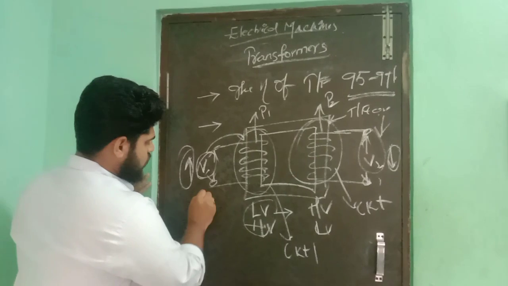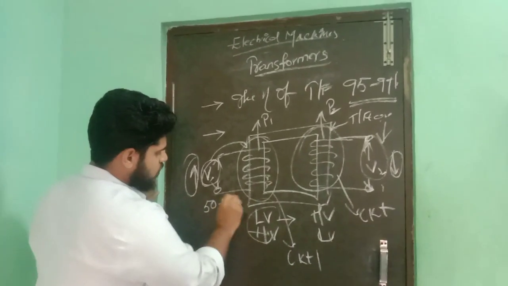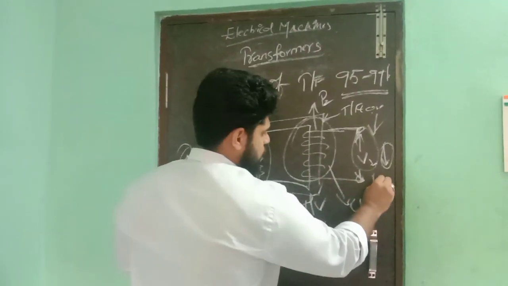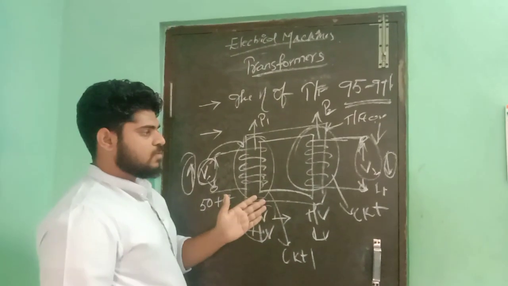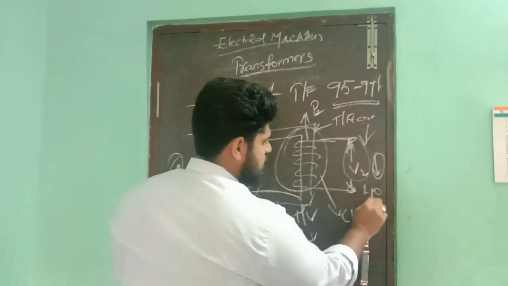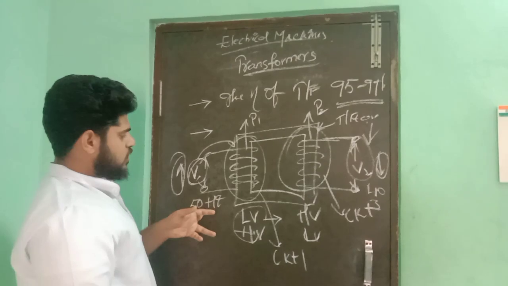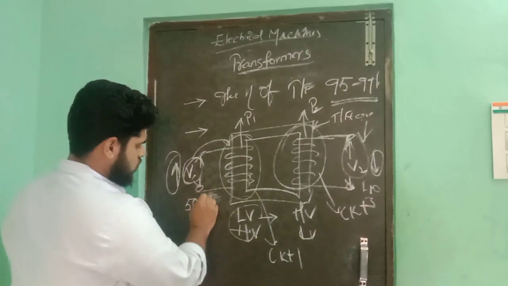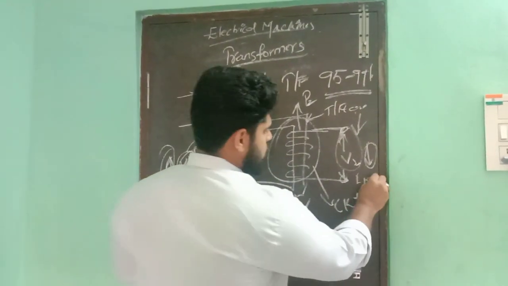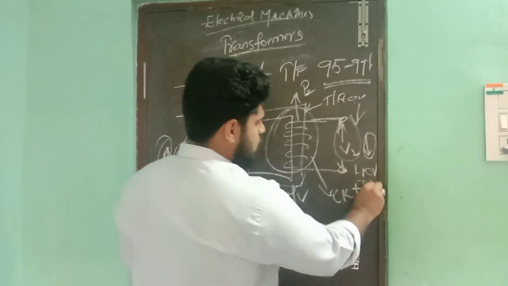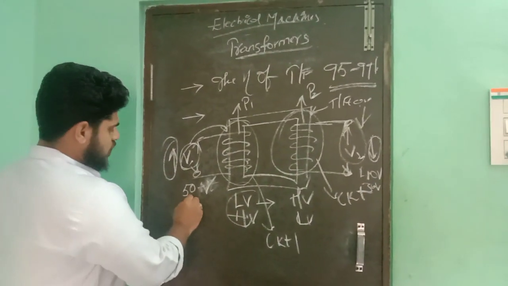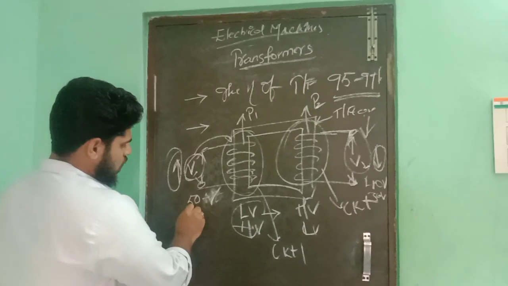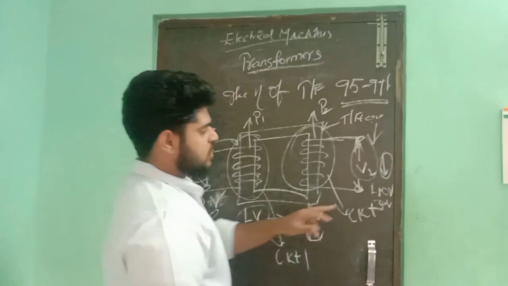Suppose here the voltage level is 50 volts, then if it is a step down transformer, the voltage may be 40 or 30 volts, below 50 volts. If the voltage level here is, suppose, 100 volts, then it might be here.